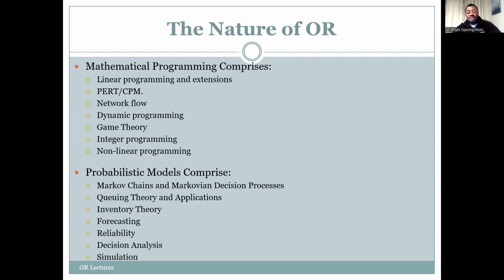In terms of the MPMs, the mathematical programming models, it looks at linear programming and most of the extensions or combinations of the linear programming models. It looks at PERT or CPM. We'll look at all of this in detail in subsequent lectures. It looks at network flow, dynamic programming, game theory, integer programming and nonlinear programming.